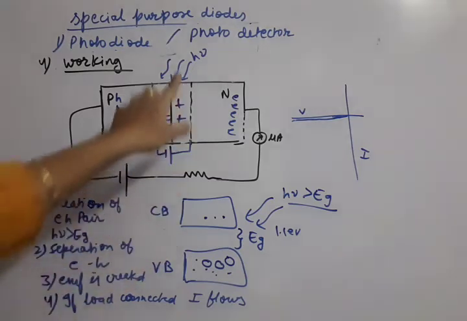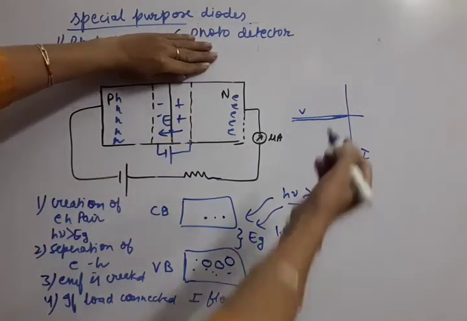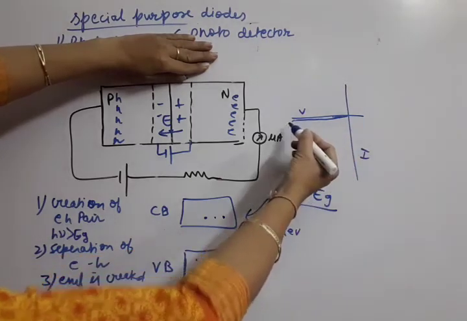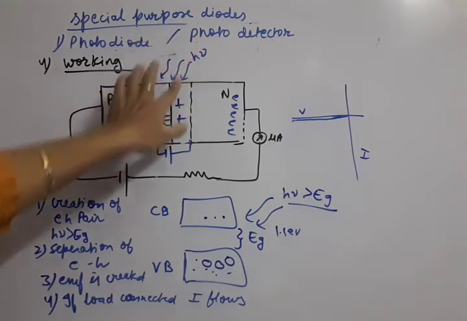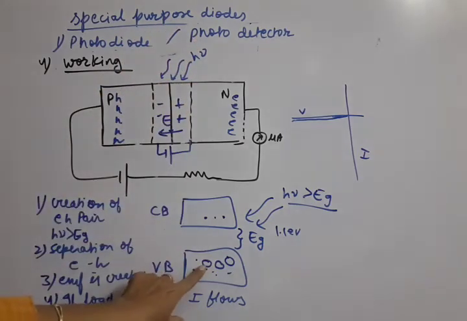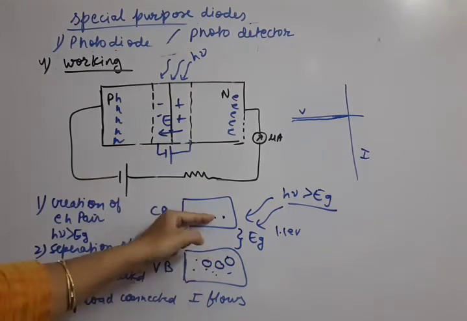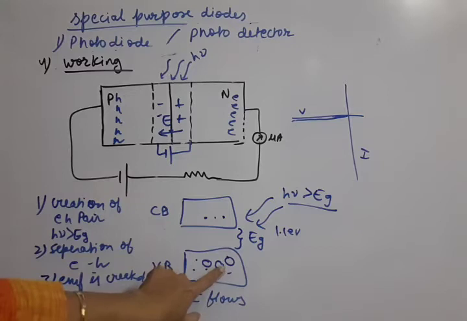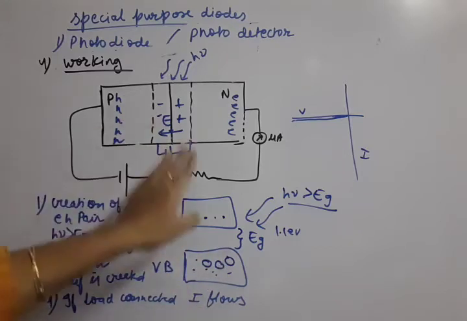Let us understand. When the light was not present, a very small current was flowing. But as soon as the light is present, the electrons of the valence band absorb energy and get separated. So electrons are created here, holes are created here. So creation of electron hole pairs took place. Then they got separated.